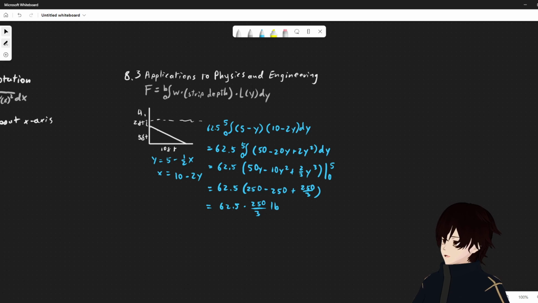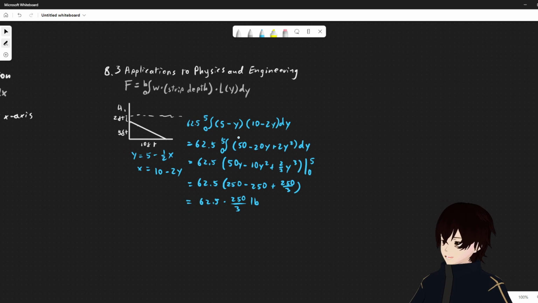Let me double check. Oh right, this is an even number problem. Crap. Even number. But I can at least check my unit, right? It should be in pounds. Okay. Oh wait, is this not 62.5? Is this 64? Hang on.